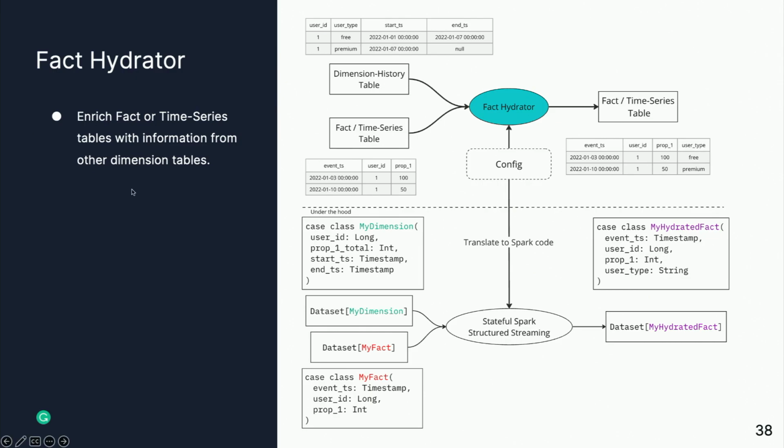For example, here the dimension history is specifying if the user is a free user or premium user for each time interval. And we have some events for that user. We join these two things and build the final table where we know if the user was free or premium at the time of event.